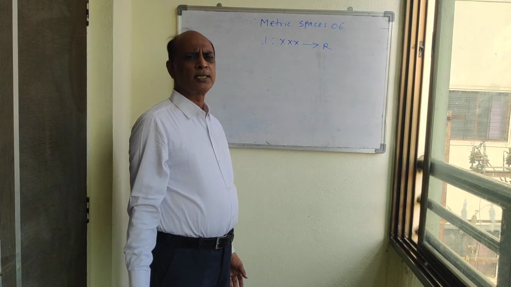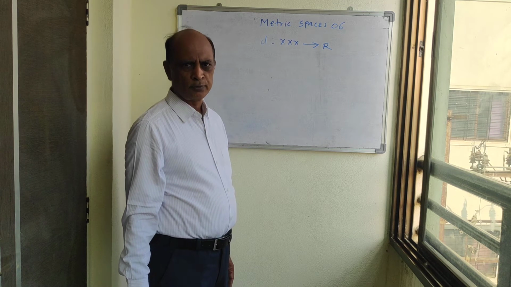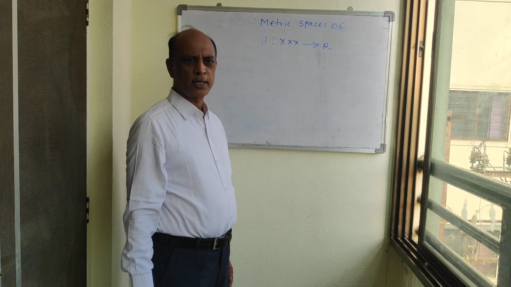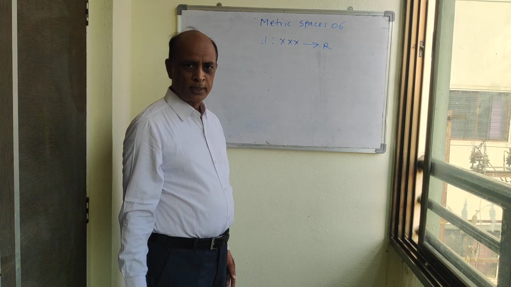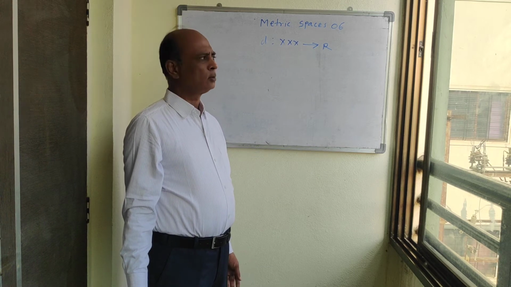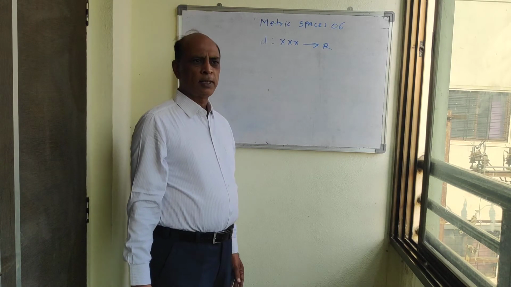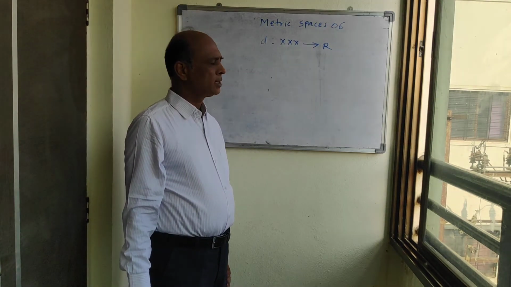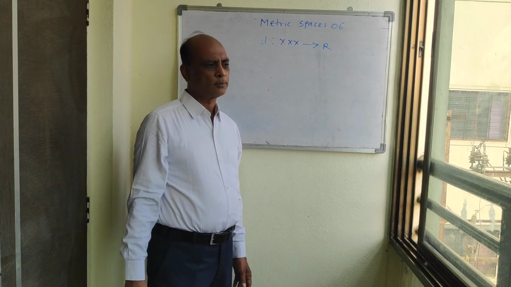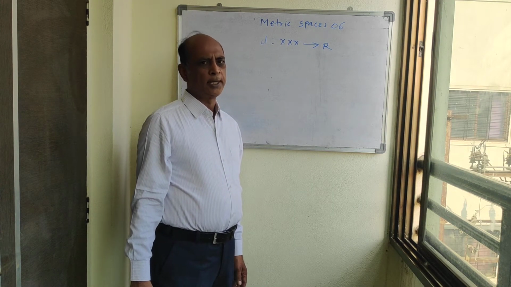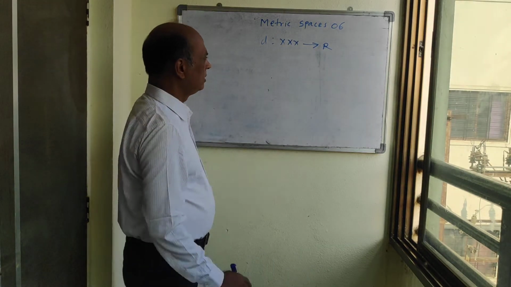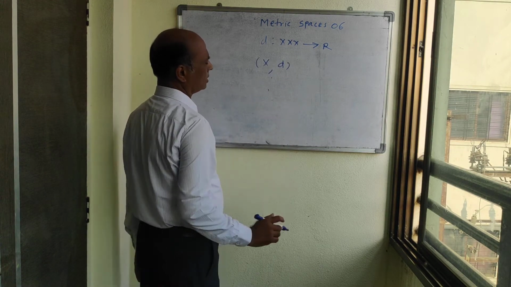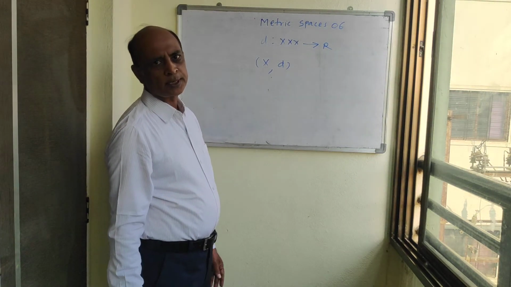You know that D of xy is greater than or equal to 0, and D of xy is equal to 0 if and only if x is equal to y. Symmetry property, D of xy is equal to D of yx, and the last property, that is the triangular property, that is D of xy less than or equal to D of xz plus D of zy. This is the metric, and this pair (X, D) is called the metric space.